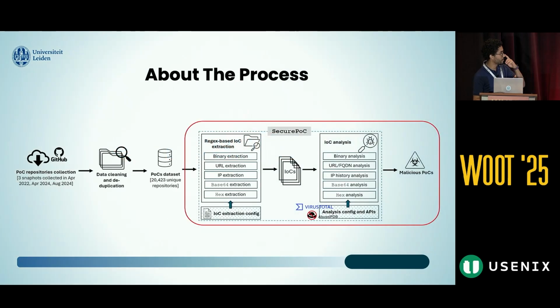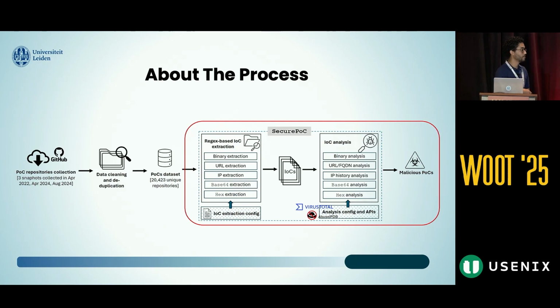So the tool itself uses, like I said, a modular system, which means you can integrate your own modules. We built some basic ones ourselves, like for extraction of hexadecimal and base64 encoding, as the first obfuscation techniques that we have seen in the PoCs that we checked manually. And we also extract all kinds of communications with IPs, URLs, or binaries that are encoded.